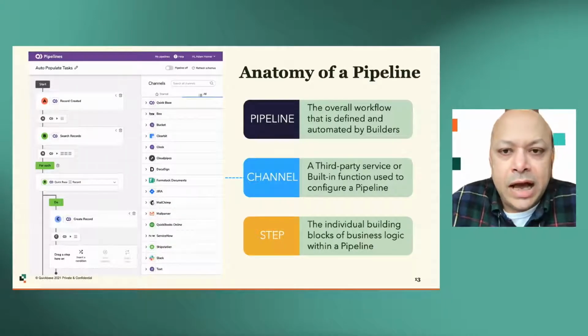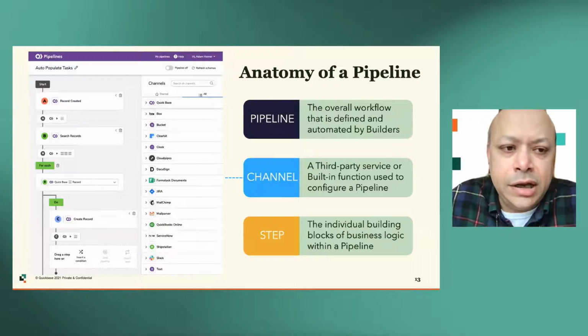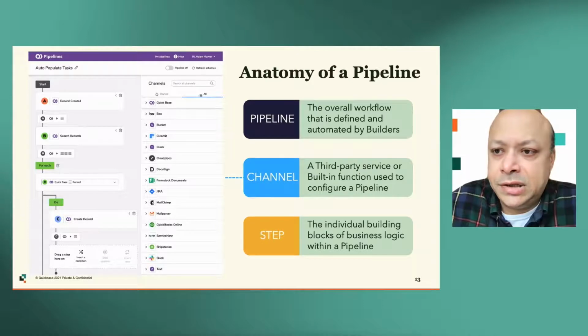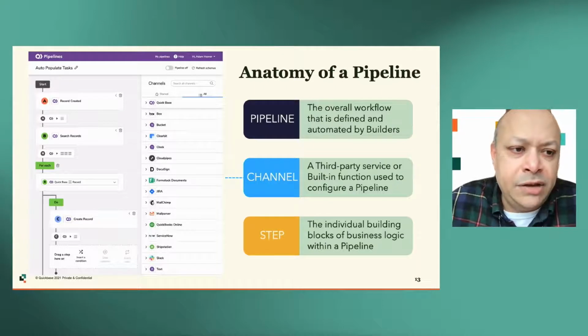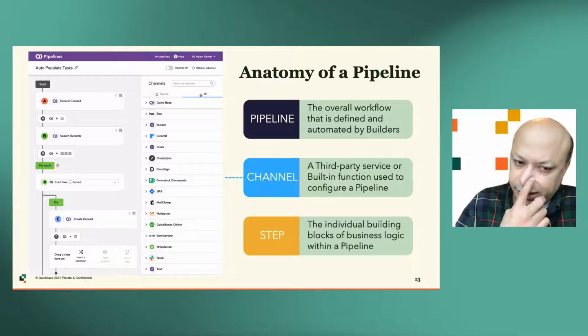So how do pipelines work? What's the anatomy of a pipeline? As I mentioned, the first thing in the pipeline is the notion of a trigger, which is when a pipeline will get invoked. The events are things like records being created or deleted.